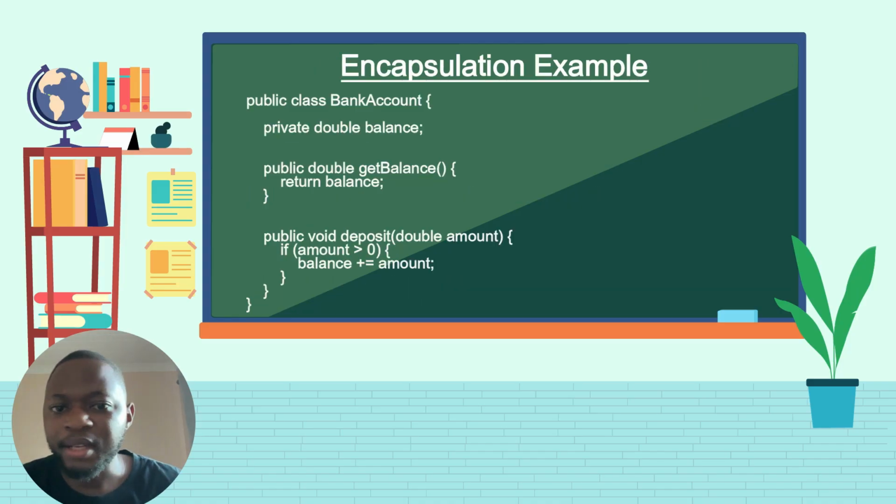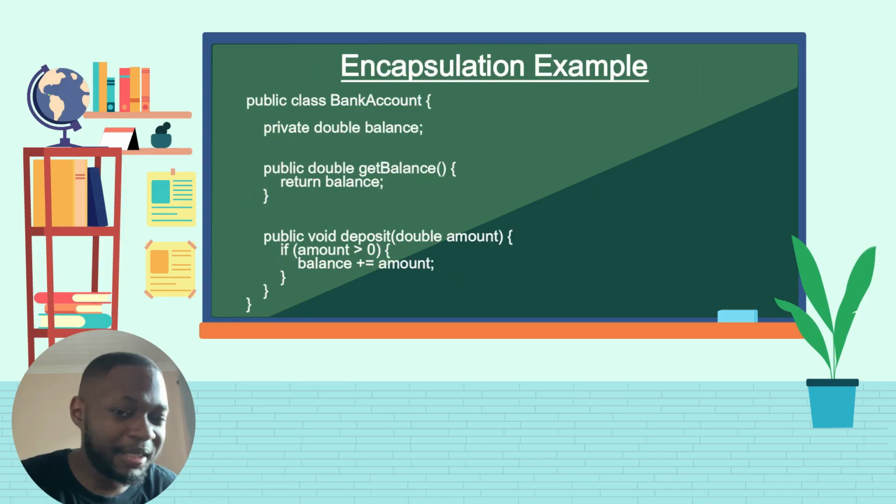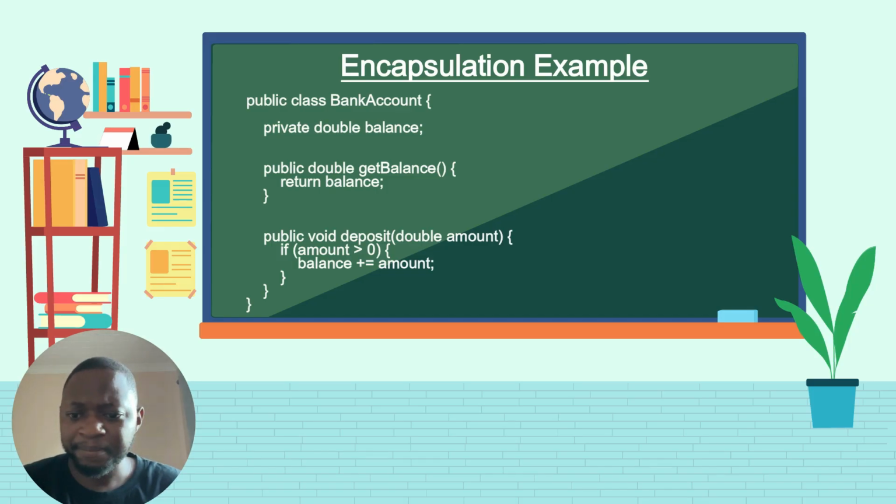So an encapsulation example would be a bank account. Yeah, so we have our bank account class, and our bank account class has the balance. So a balance is the amount of money that you have in the bank. So that's super private. You wouldn't want anyone playing around with that.